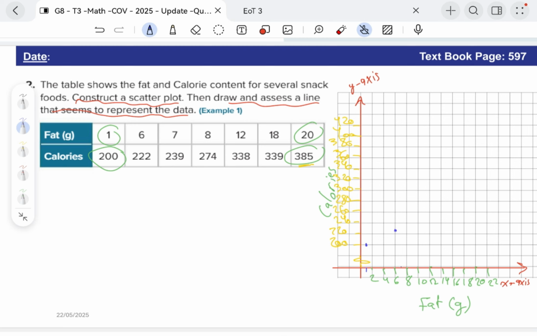This is 7. 240, it's here. The next point 8 with 274. 274. It's somewhere here. The next point 12 with 338.